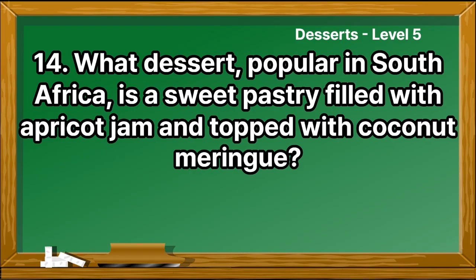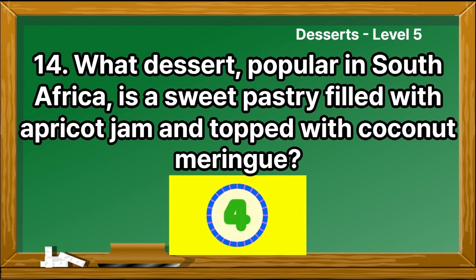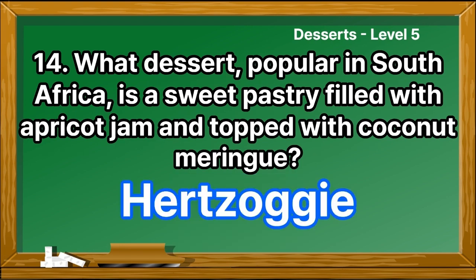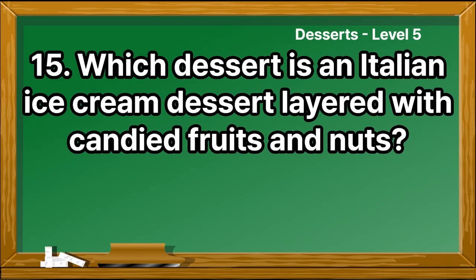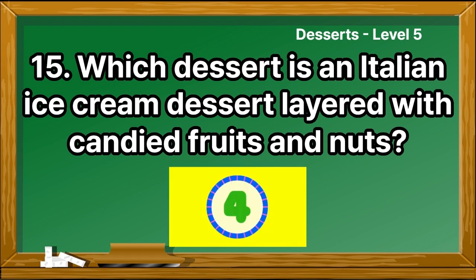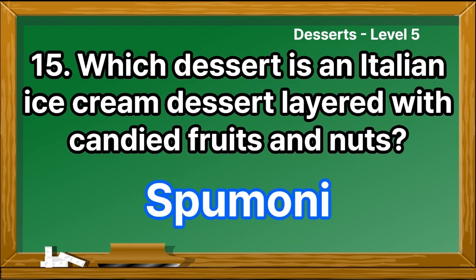What dessert, popular in South Africa, is a sweet pastry filled with apricot jam and topped with coconut meringue? Hertzagi. Which dessert is an Italian ice cream dessert layered with candied fruits and nuts? Spumoni.